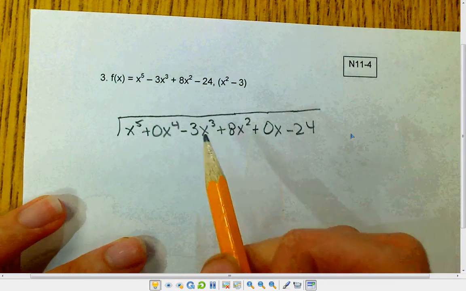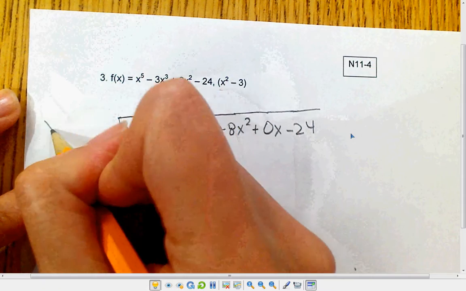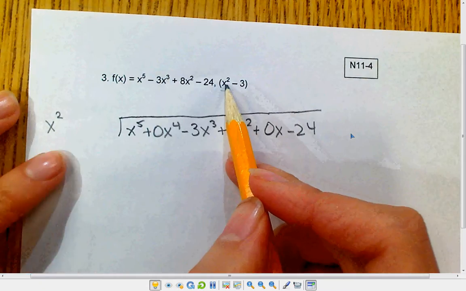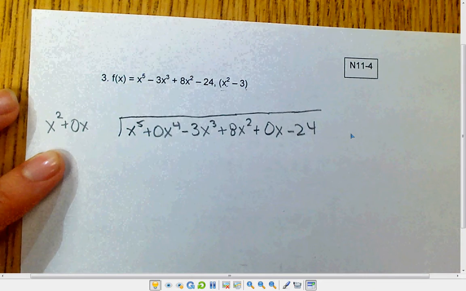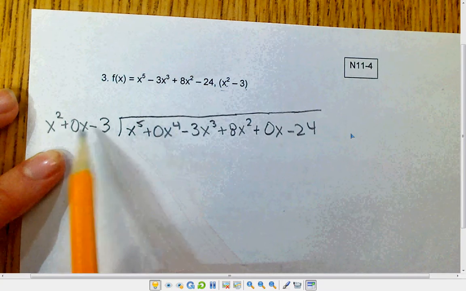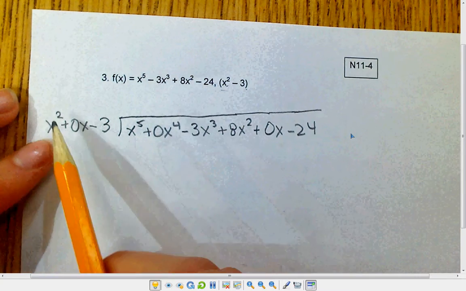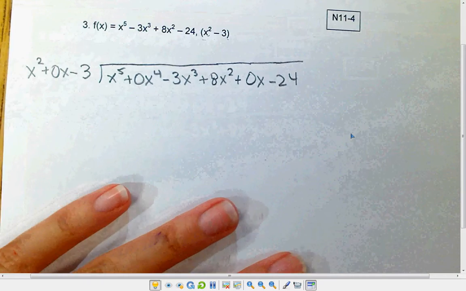And in this problem, this also needs a placeholder, because we have an x squared but we don't have an x, so we're going to put 0x there, and we have a minus 3. So you want to make sure you have all the terms from your highest one all the way down to just the number. Okay, so from here on out, all the steps are the same.